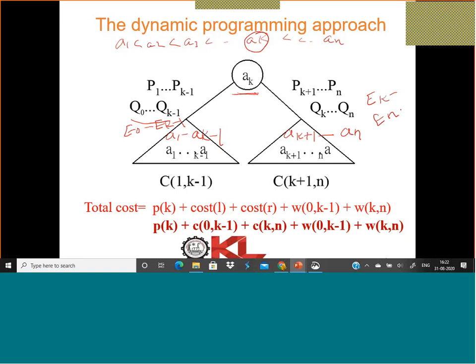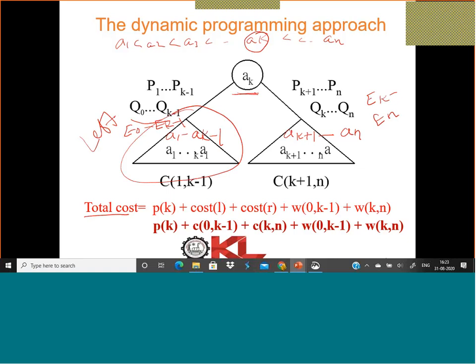Okay. So this is divided, and we need to compute the total number of comparisons. The total cost depends on P of K, the probability of accessing A of K, plus the cost of the left subtree, that is this particular part, and the cost of the right subtree.